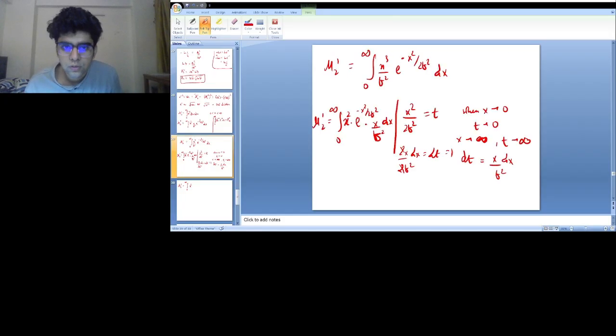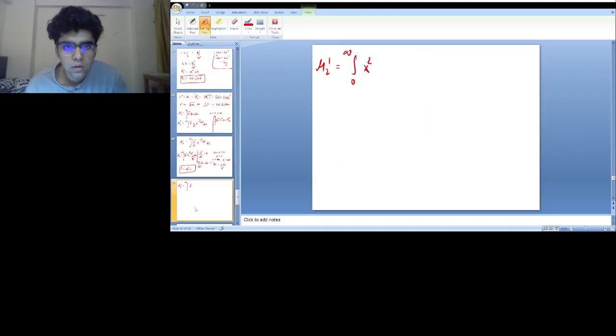We know that x square is equal to 2b square t, so I'll be replacing this x square with 2b square t. This whole term becomes e to the power minus t dt.